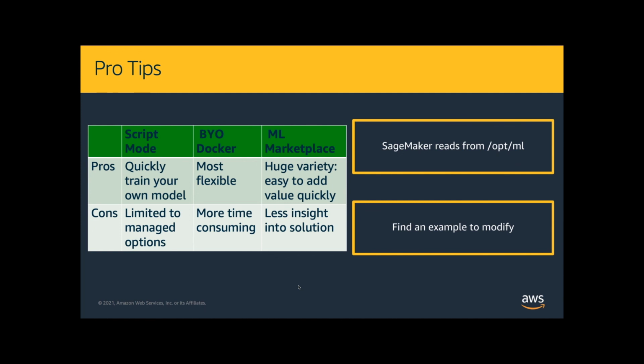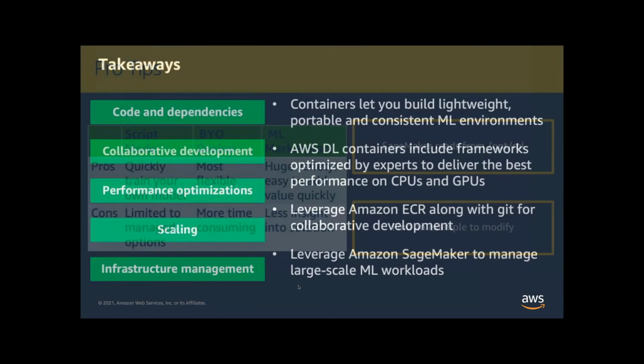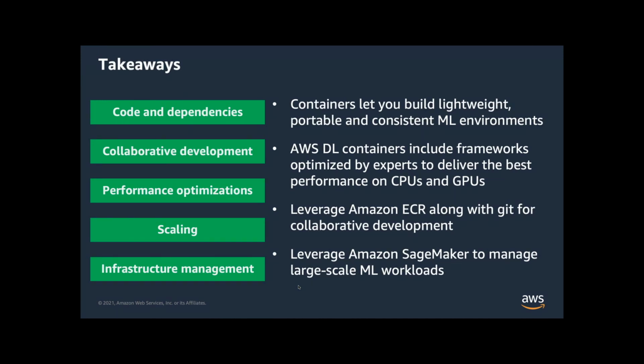But the point is, SageMaker itself is very flexible. We have lots of opportunities and you just need to pick the one that is most appropriate for your customer needs, right? So these are the takeaways and the things I wanted to emphasize here.